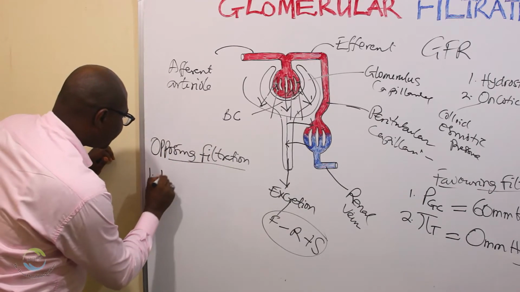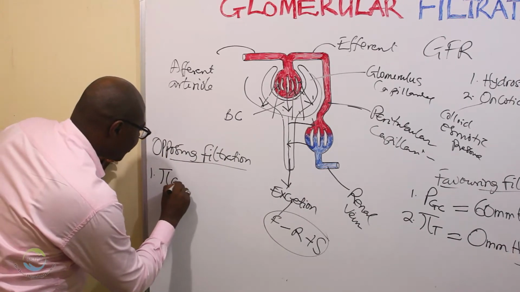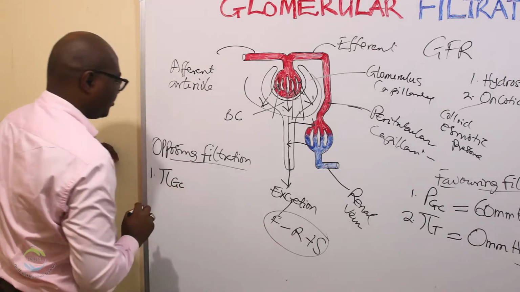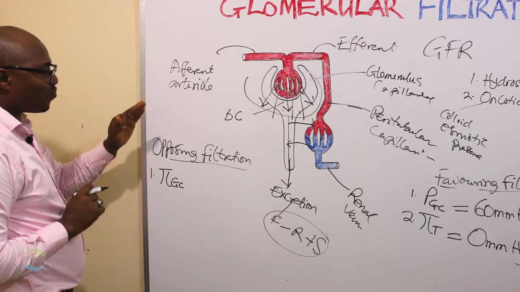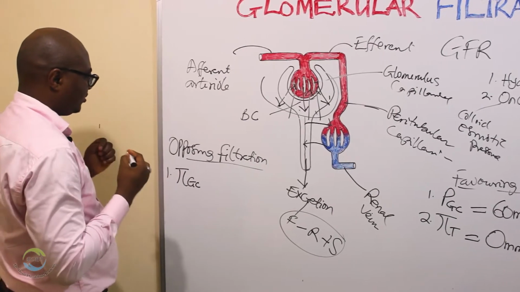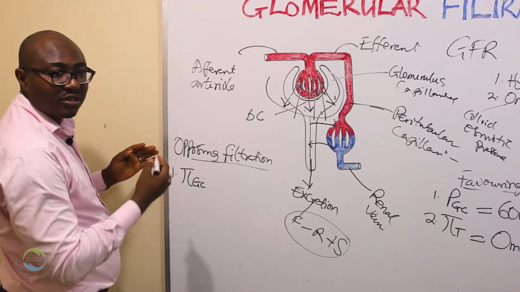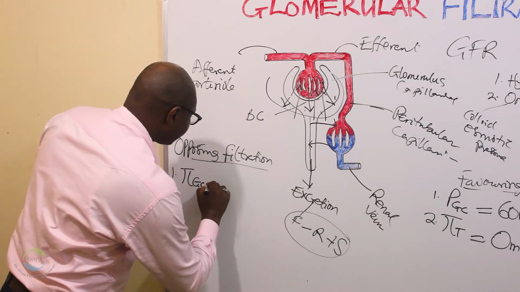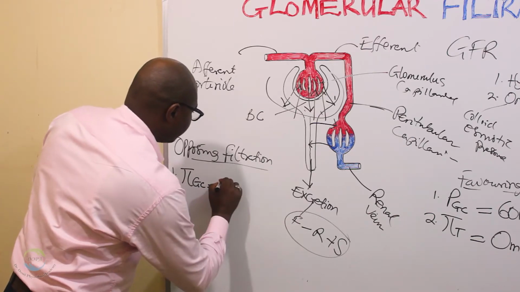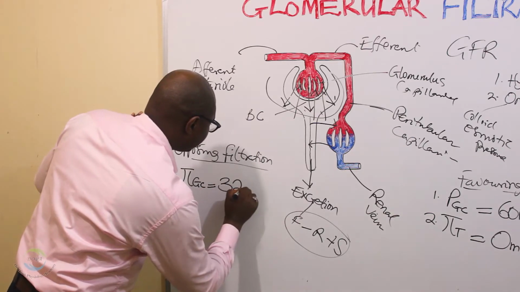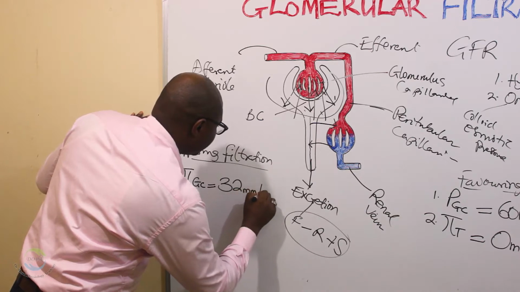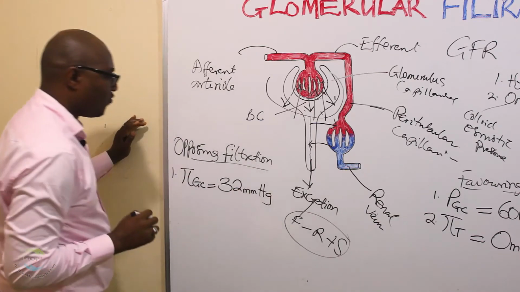So the oncotic pressure of the glomerular capillary is one of those forces that oppose filtration. And what is the value? It's usually 32 millimeters of mercury.